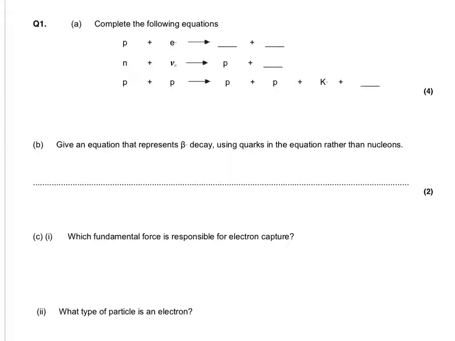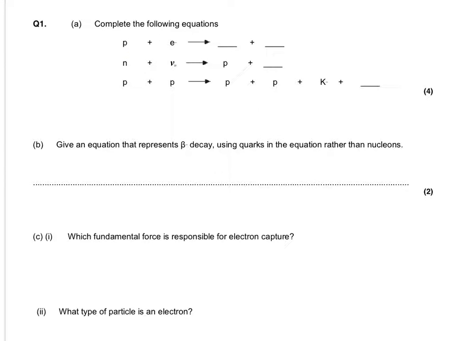So let's see what we've got on the left-hand side of this equation. We've got a proton, so a baryon, with a baryon number of 1, and we've got an electron, which is a lepton, so baryon number 0, electron lepton number 1, charge of -1, and a charge of +1 here. So the overall charge on this side is 1 minus 1, neutral, so this must be neutral here.